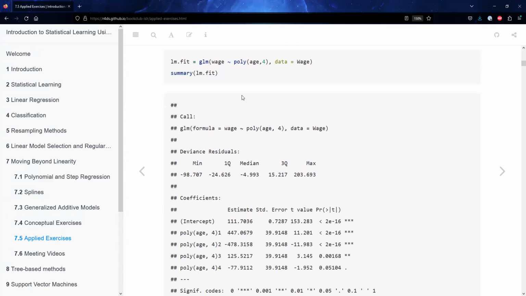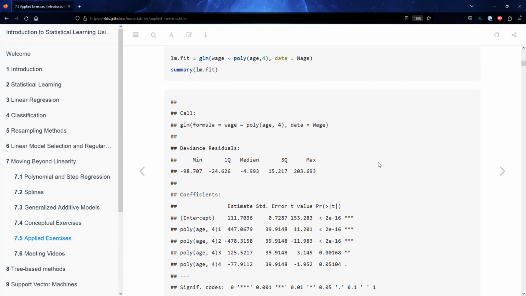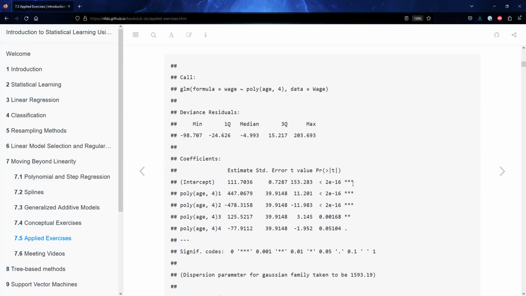If we do look at the linear model for degree 4 polynomial and look at the summary statistics, we do so far have significance for the intercept, the first coefficient, second, third, and a little bit of significance even for the 4th coefficient.